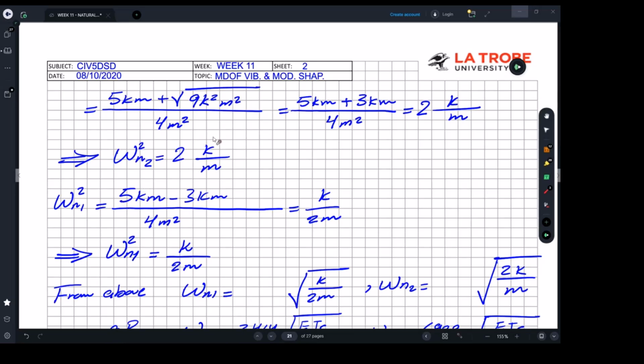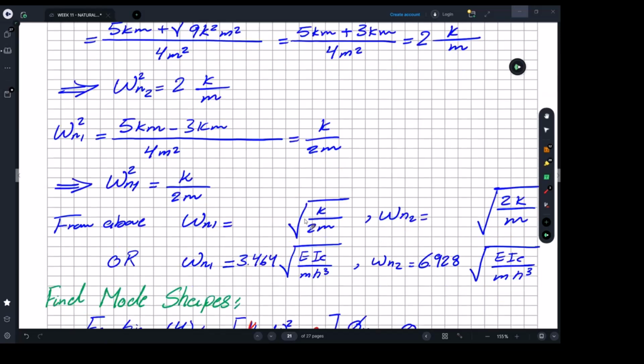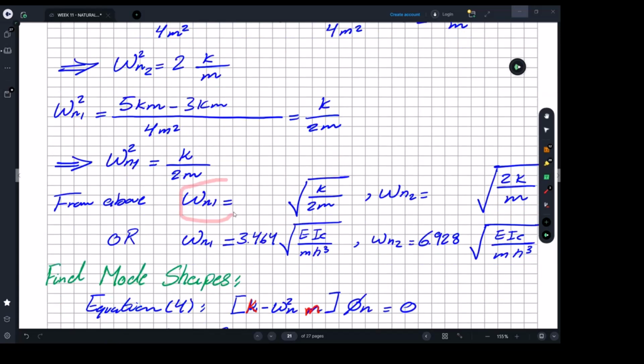We just need to solve from the quadratic equation, and one of the solutions is we find omega squared to be 2k over m, and the other one is k over 2m. Now from above, we can find the first frequency, which ends up being this figure.